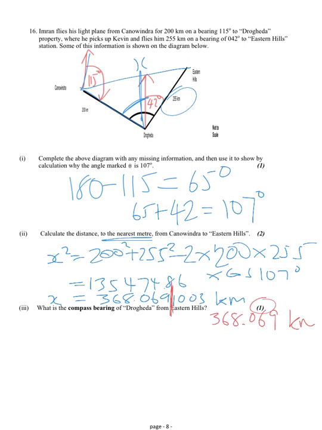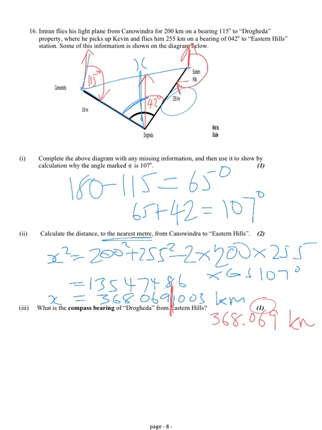Now, what is the compass bearing of Drogheda from Eastern Hills? So it's only worth 1 mark, so it should be a pretty easy question. So we have from East Hills, so therefore Drogheda, so we need to know this.